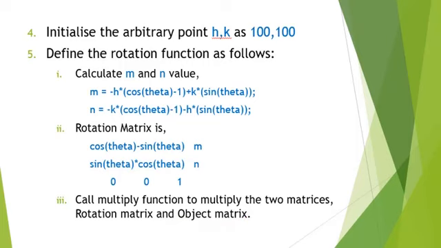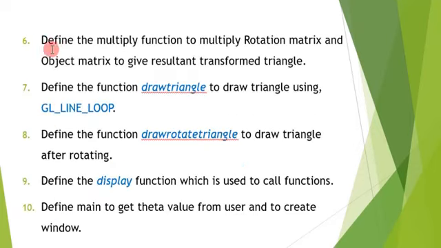So in the next step we are going to define it. Here you can see in the sixth step we are going to define the multiply function to multiply the rotation matrix and the object matrix, which will give us the resultant transformed matrix. Sorry, the triangle, the resultant transformed triangle.